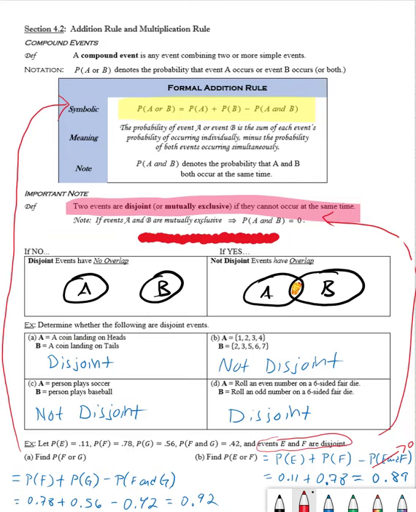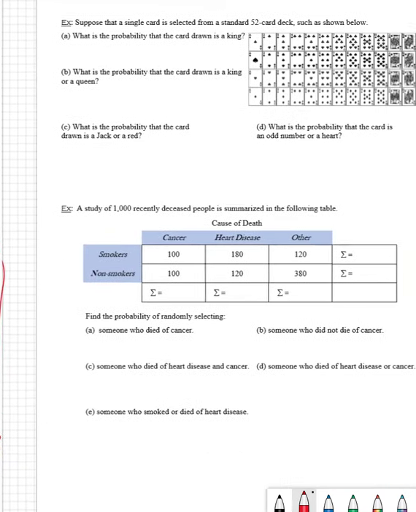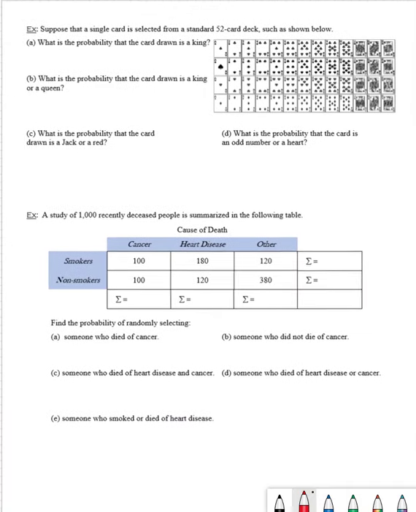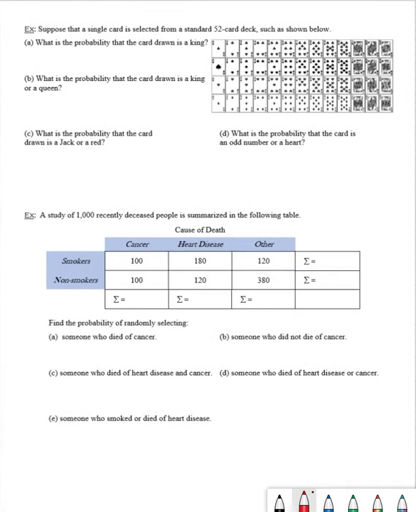Awesome. So now that we are understanding some basics of probabilities, we want to extend it just a little bit more and work with this idea of finding a probability when we're looking at a deck of cards. So in this example, suppose that a single card is selected from a standard 52 card deck, such as below.